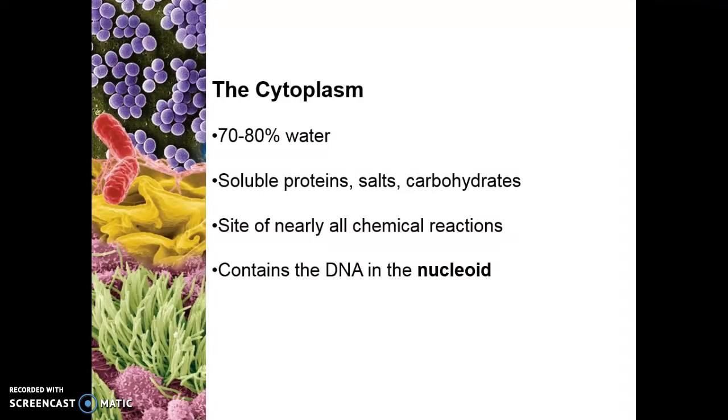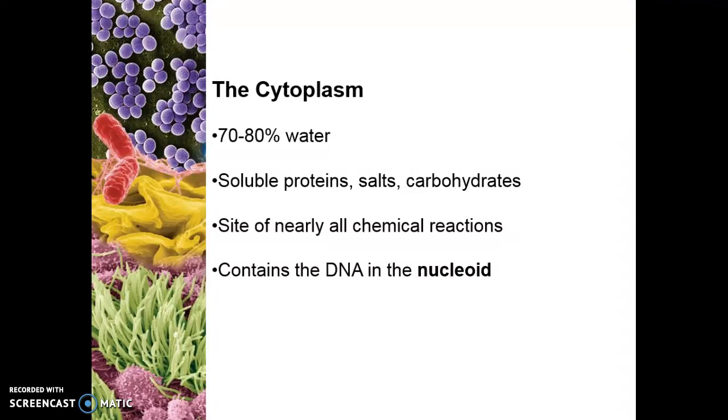Cytoplasm, 70 to 80% is water, and the remaining are different macromolecules that come together to have a specific function. There are proteins, salts dissolved within the water, and different carbohydrates.